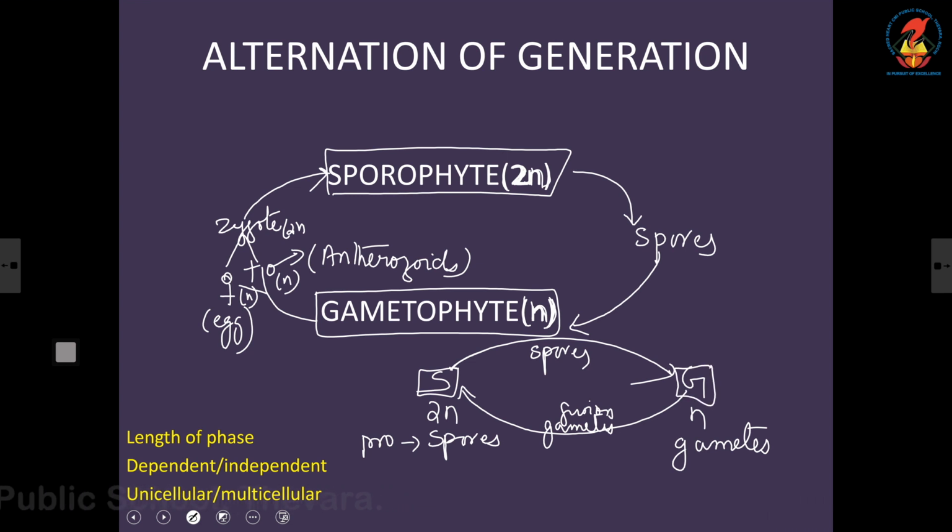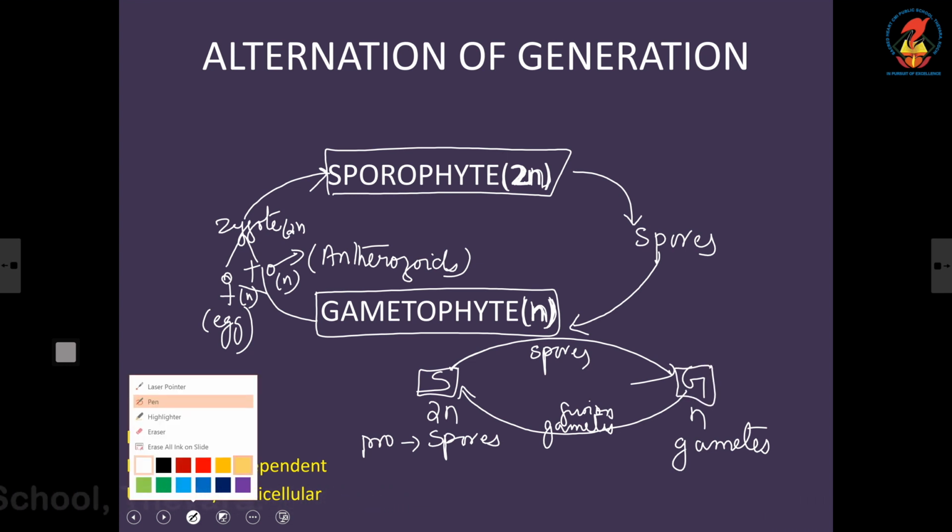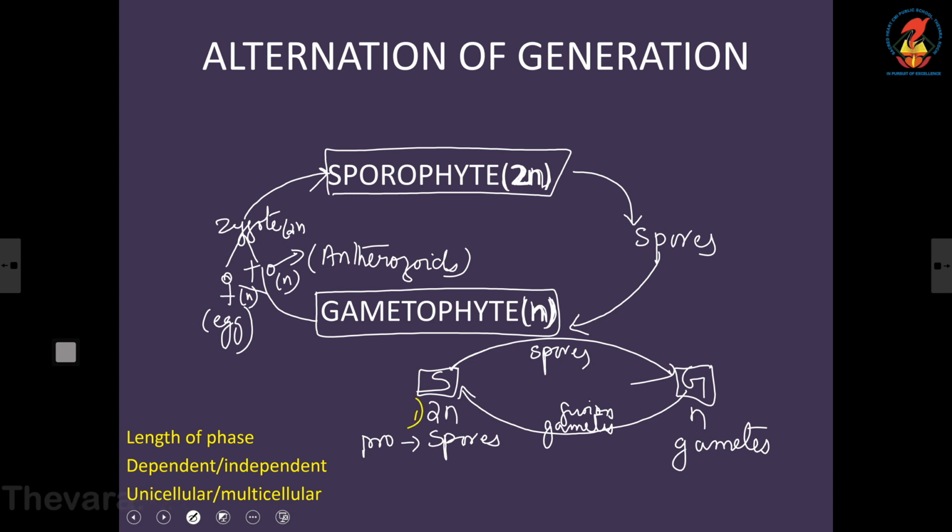Once again, the first difference is with respect to the ploidy. Sporophyte is diploid, whereas gametophyte is haploid. The second difference is, what does a sporophyte produce or possess? Spores, whereas the gametophyte produces the gametes. And the third is, the sporophyte gives rise to the gametophyte, and the gametophyte gives rise to the sporophyte.